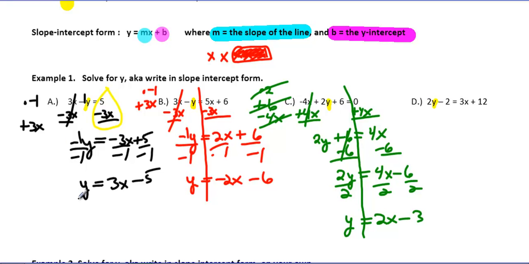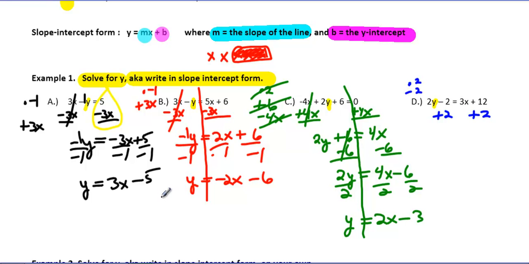And the last one in this set, again, we're taking a look at what is being done to the variable in question, which is y. Notice again, we refer to this as solving for y or writing in slope-intercept form. When I look here, I see that we are multiplying by 2 and subtracting 2. Last thing I say is the first thing I get rid of.